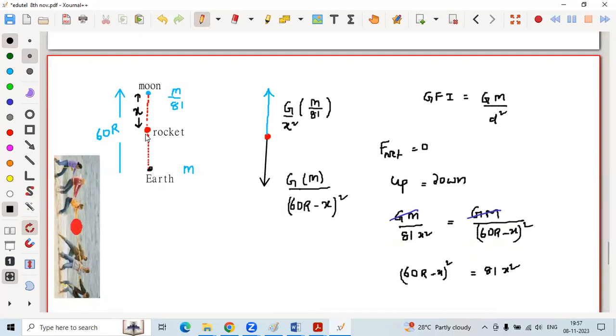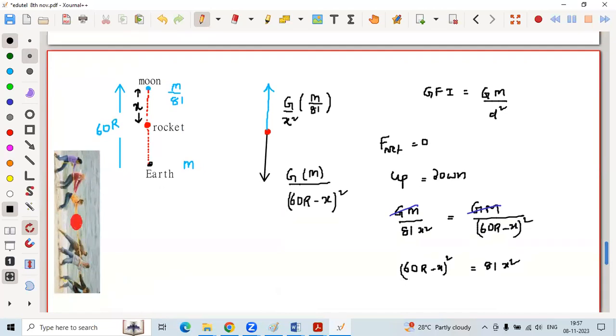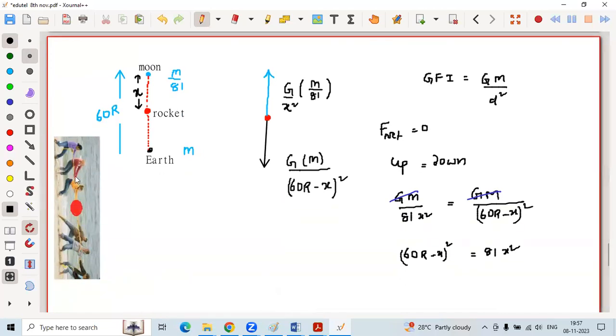For that, I'm giving you this example of boys and girls groups pulling a ball. So upward force must be equal to downward force for field intensity 0. So I'm equating up force equal to down force. Now I need the x value. Find the x value from this. I'll give you 2 minutes.